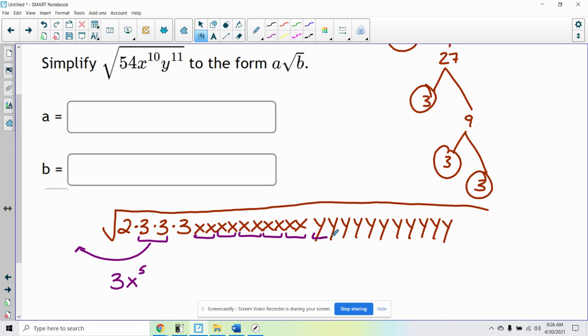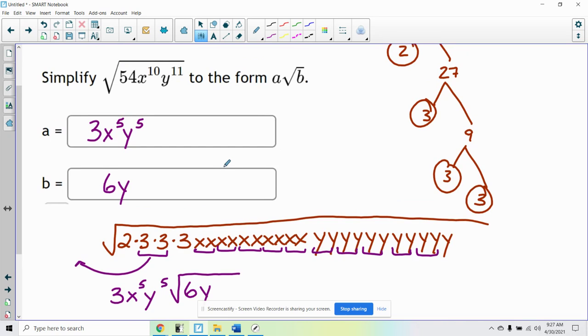I can bring out 5 groups of y, so y to the 5th out front. And I'm going to rewrite everything that's left. 2 times 3 is 6. There are no x's left, and I have 1 y left. So a is the number in front, which is 3x to the 5th, y to the 5th. And b is the number inside, which is just 6y.